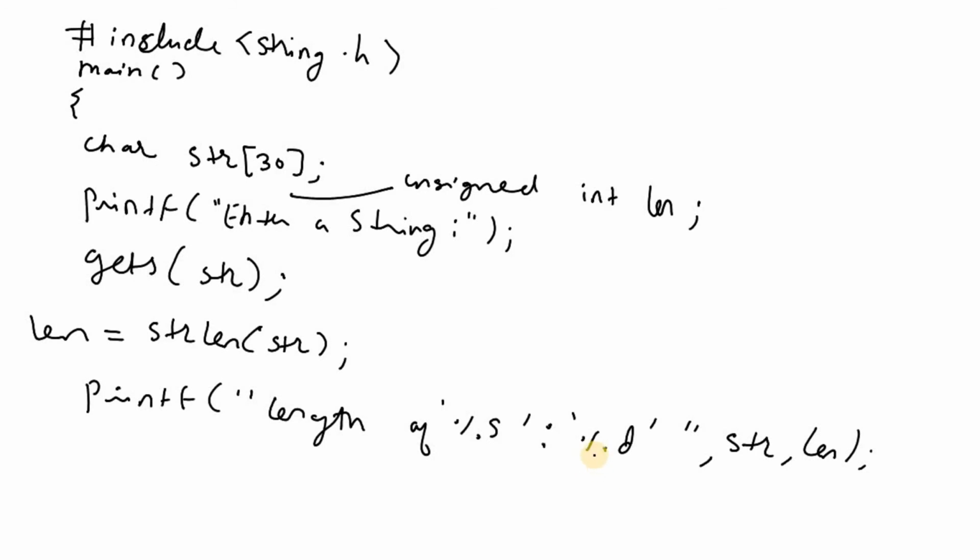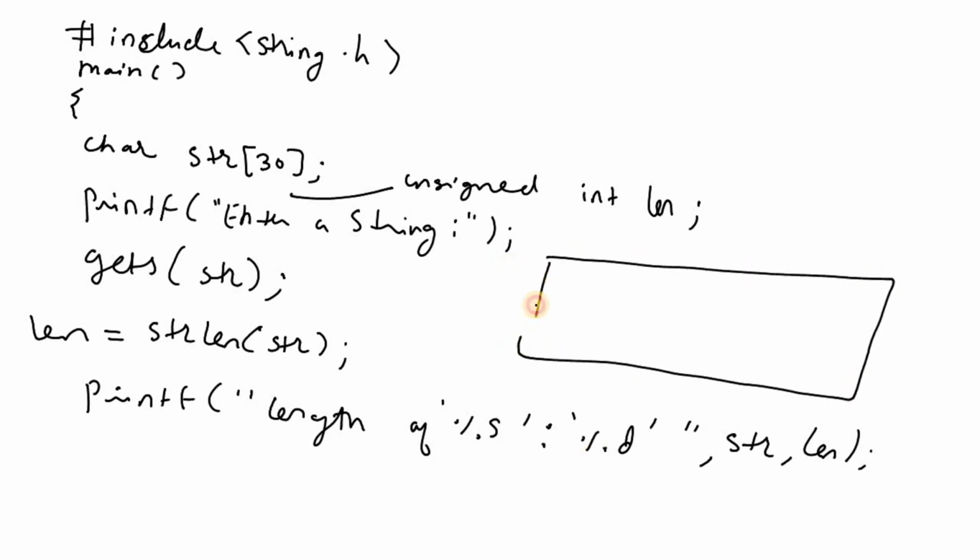So in the output screen, the console, it will print the message "Enter a string". Here we are reading the characters, including the space.